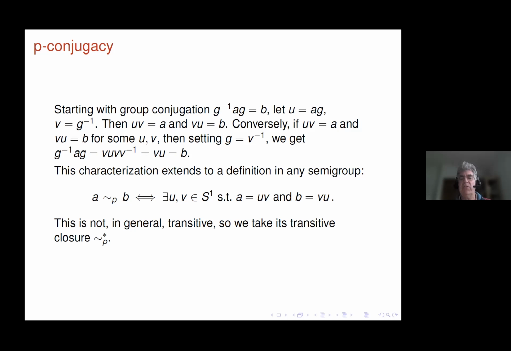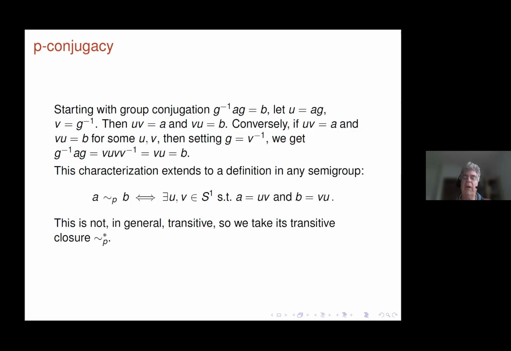Let's let U be AG and V be G inverse. Then you'll notice that U times V is A and V times U is B. Conversely, if you have a pair of elements U and V that satisfy that, UV is A and VU is B, then you can undo all this to get conjugacy in the way it's usually defined.